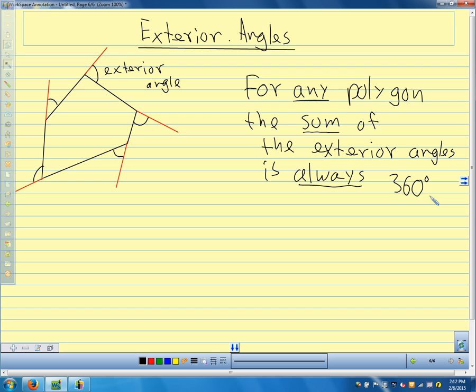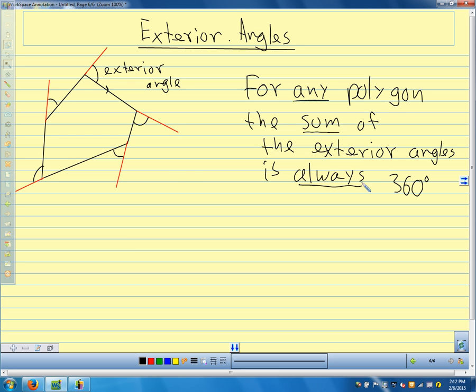And I think about the exterior angles like this: if I start walking, facing along this line, and I walk here, and I turn through the exterior angle, turn again, turn again, turn again, I end up facing back the same direction. So if I turn all the way around and end up facing back the same direction, how many degrees have I turned? 360.